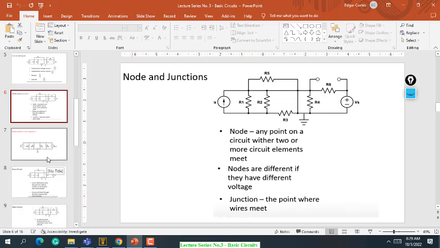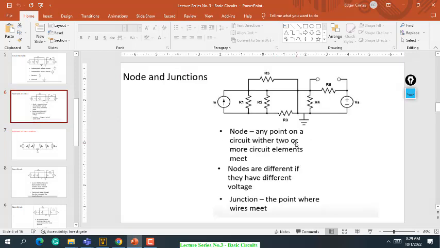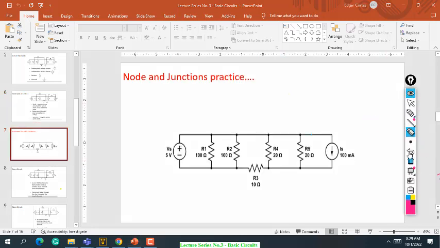In this exercise, we consider this one as a node. By that definition, a node is any point of the circuit where two or more circuit elements meet. So can we consider this one a node? Yes, this is node 1, because there are 1, 2, 3, 4, 5, 6 circuit elements meeting, right?